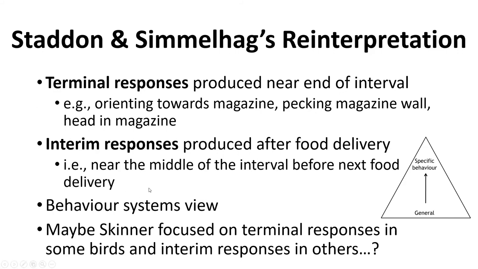And if we wanted to, we could tie this back into that behavior systems view that we've mentioned quite a few times now throughout this chapter, where we might have a focal search or a general search. So a general search might be at the beginning of the trial in this interim response period, where they don't know that food is coming immediately. Maybe they have some time. They just got food, so now they have time, and they can start looking around.